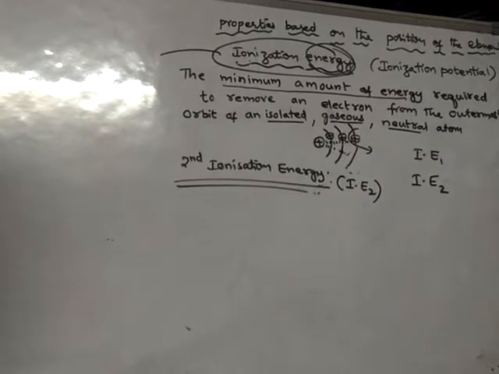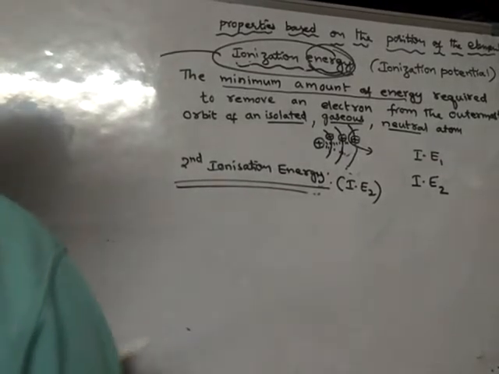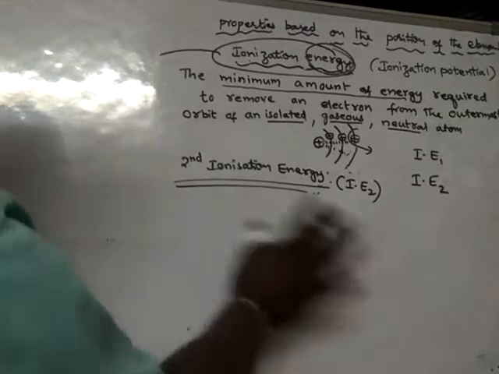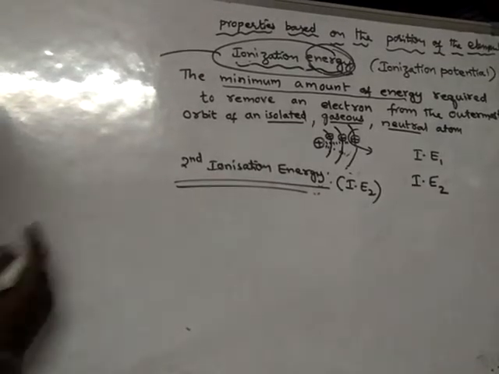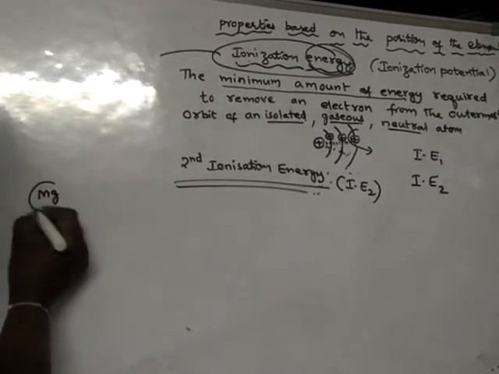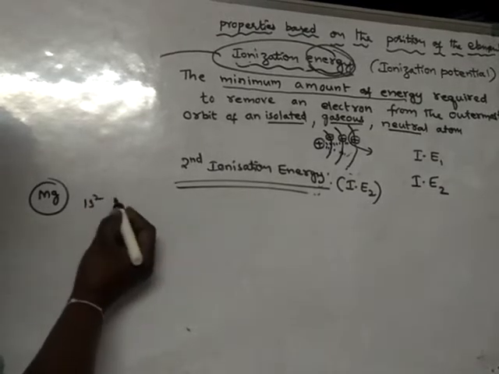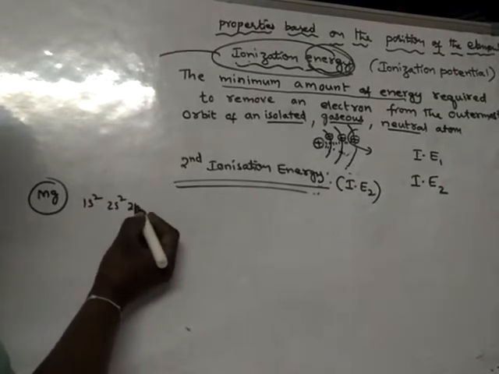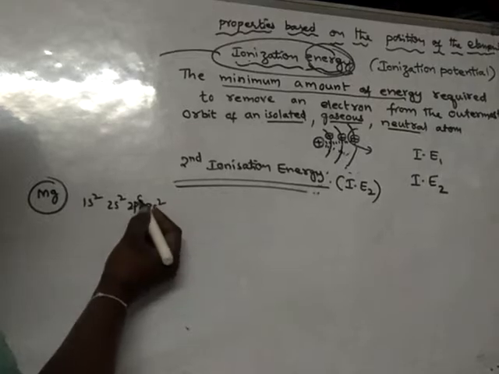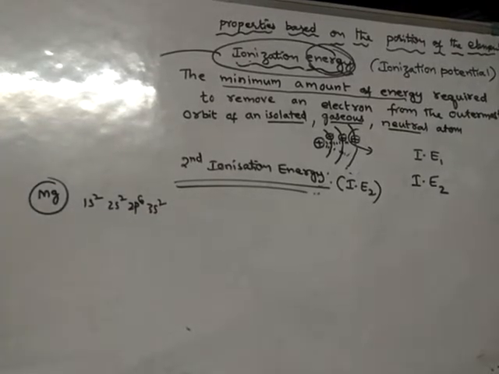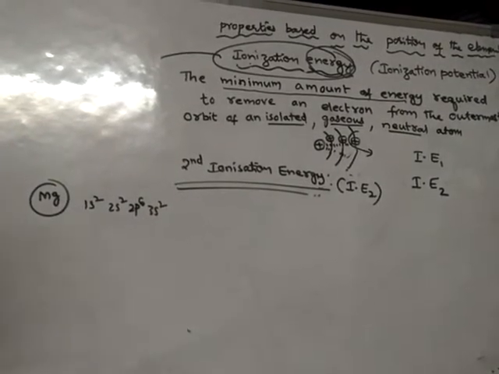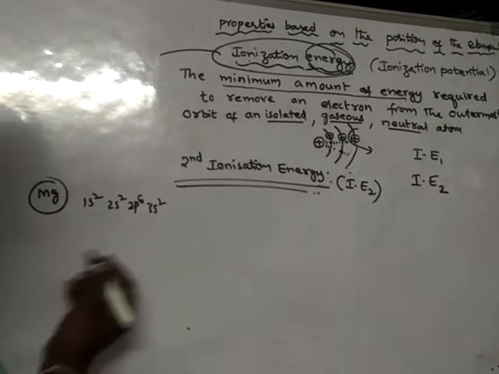Now I will take one example and explain it. For example, take a magnesium atom. Its configuration is 1s2, 2s2, 2p6, 3s2.